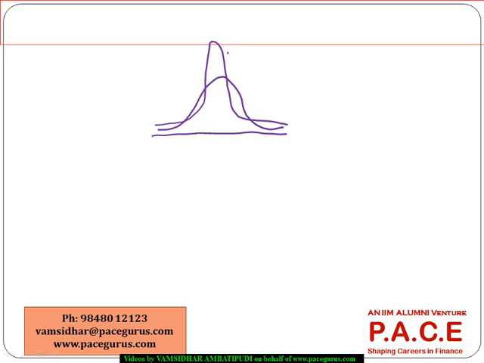These go as leptokurtic, whereas the tail will be lower as well as the peak lower when I am looking at platykurtic distributions.